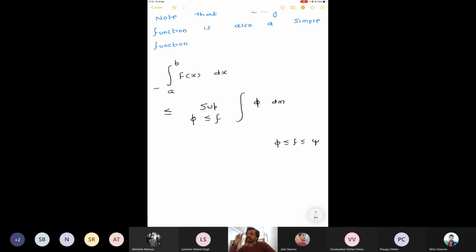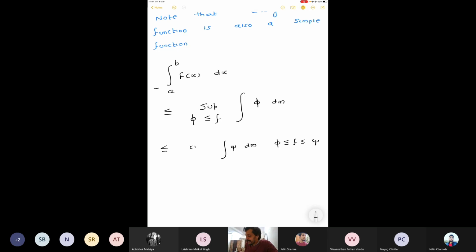And you have proved in level 0 that if you have two simple functions phi and psi, and phi is less than or equal to psi, the integral over phi will be less than or equal to the integral over psi. So this will be less than or equal to the integral over psi dm, and this is true for any psi greater than or equal to f.